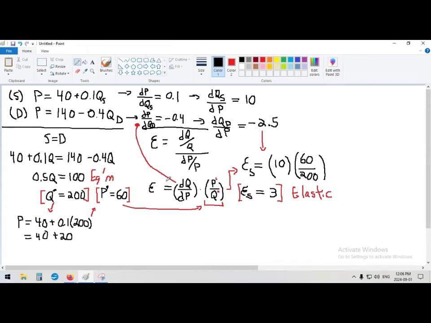Let's do the same thing for the demand curve. The elasticity of demand follows the same equation. We just have to plug in the demand number. So we have negative 2.5 in the front, and the back will be the competitive equilibrium.